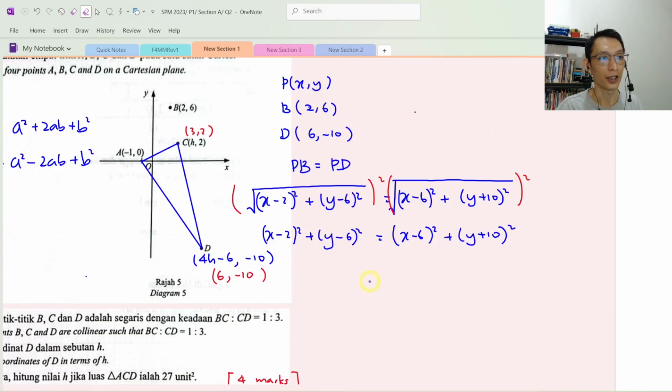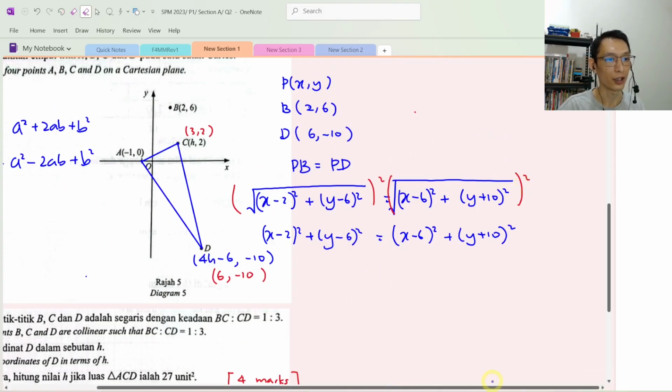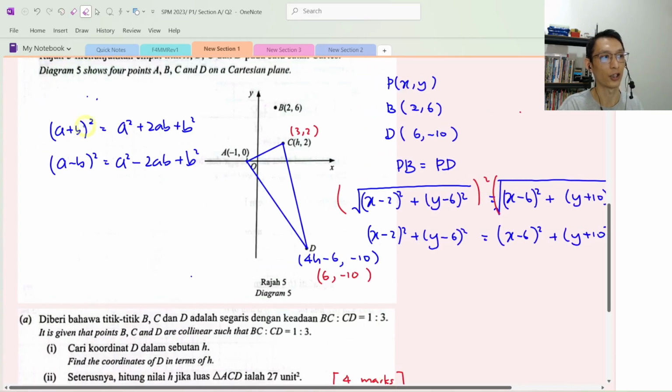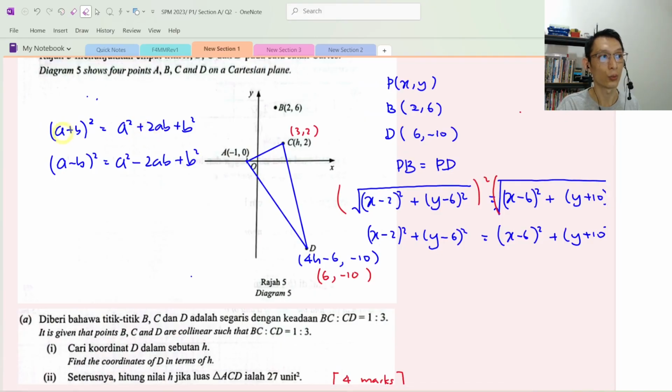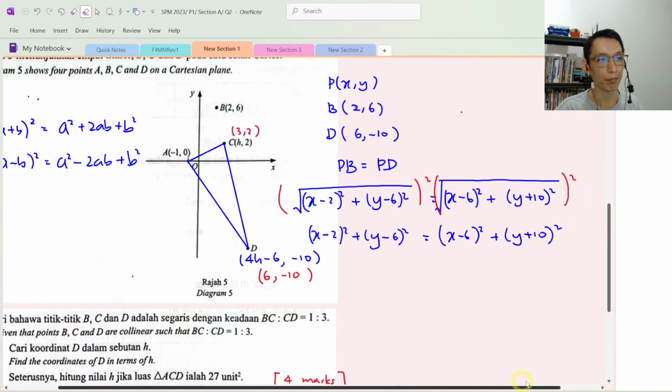Okay, for the next step, I'm going to use this formula to help me do the expansion. a plus b squared is equal to a squared plus 2ab plus b squared. So a minus b squared is equal to a squared minus 2ab plus b squared.